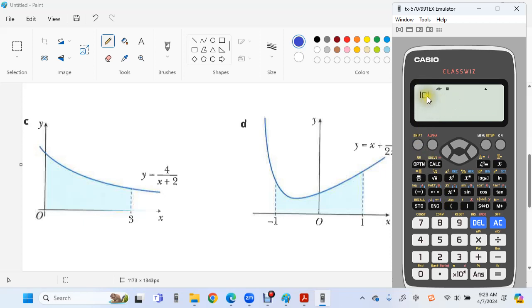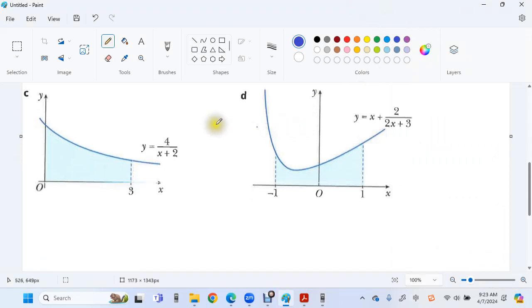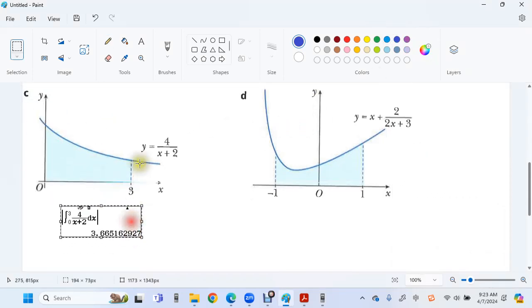Then we have the modulus sign here, and integrate 4 over x plus 2 from 0 until 3. And it will return the magnitude, the area, without the negative sign. Okay, so this is the answer.